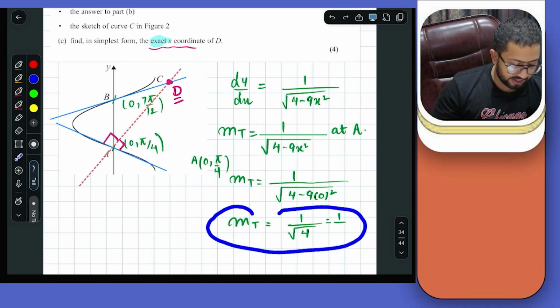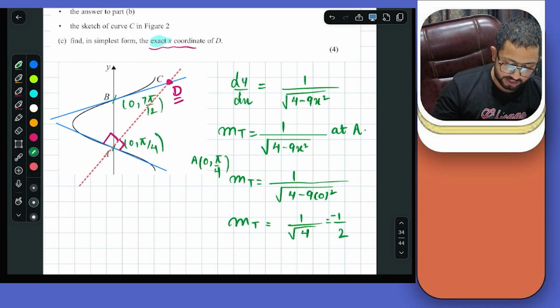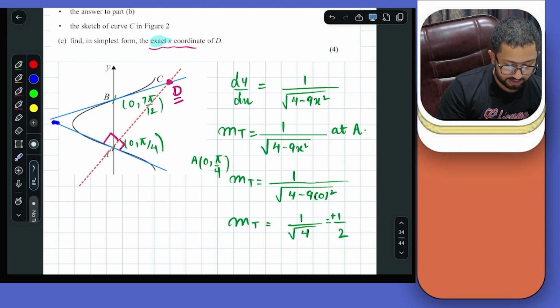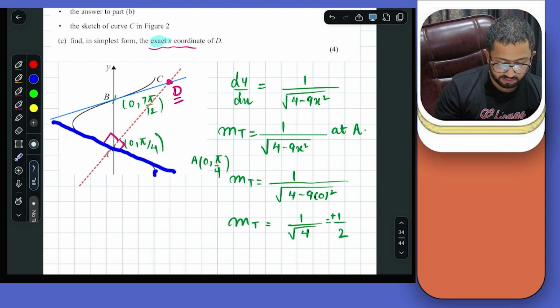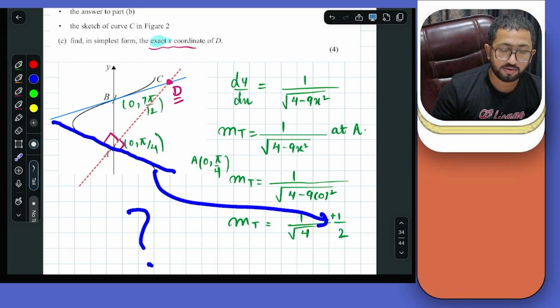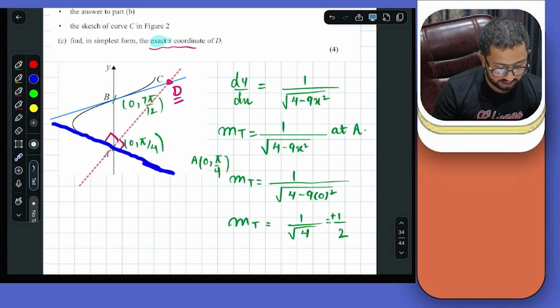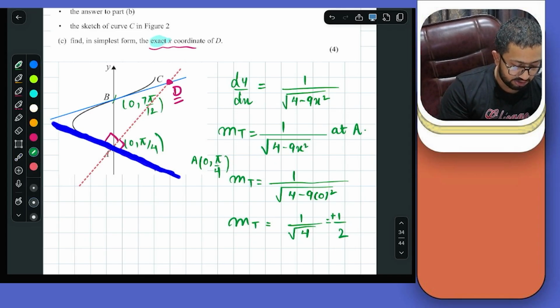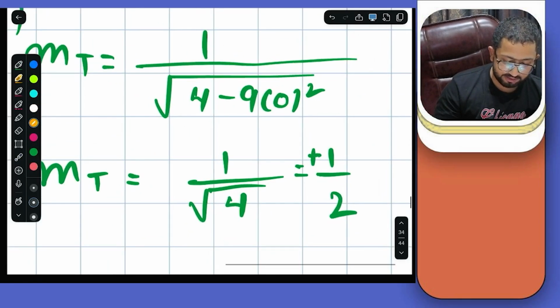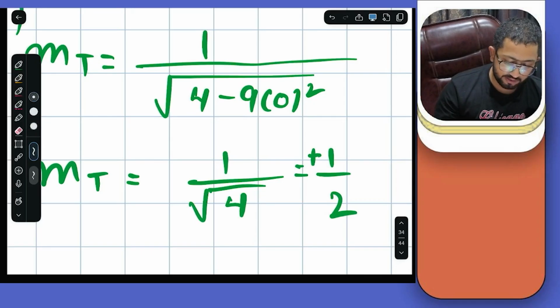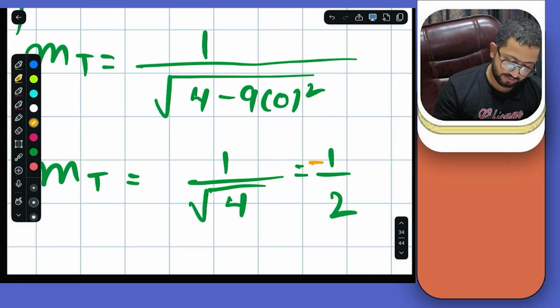The gradient of the tangent is 1 over 2, which is positive. Can you see, should the gradient of the tangent be positive or negative? As you can see, it is a downward line, so obviously this line should have a negative gradient. So be careful. You have to put a negative sign at the end of the gradient of the tangent.